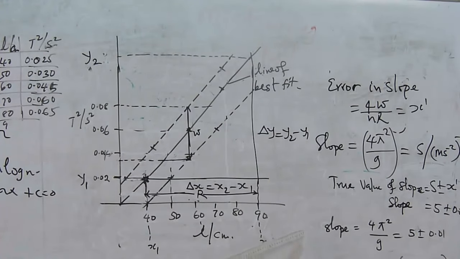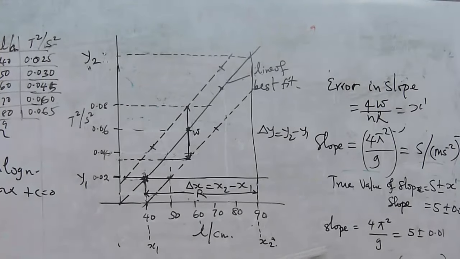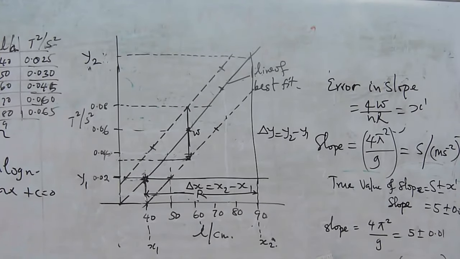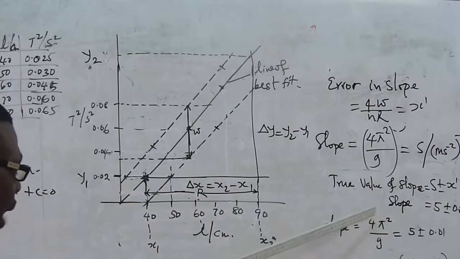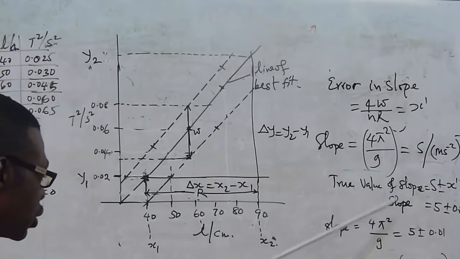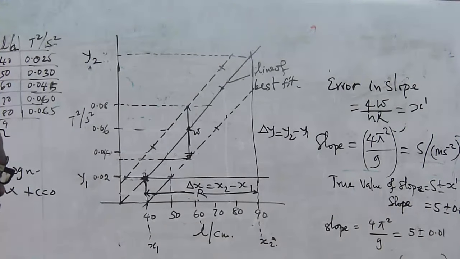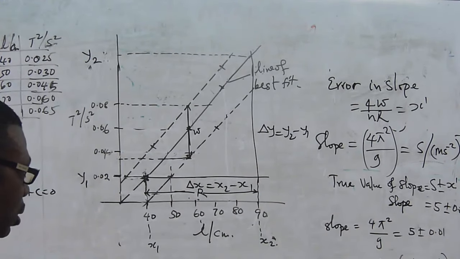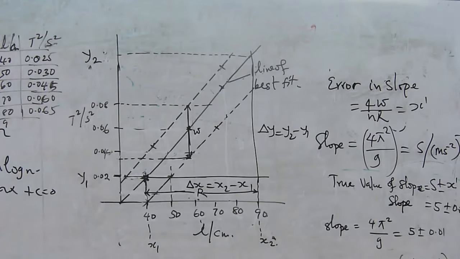Remember that my slope is not actually what I'm looking for. I'm using my slope to make a deduction. I want to deduce the value of g. So I must get my slope here. After getting the true value of slope, I can find g. So my g will be given from this. The true value of g ranges between these values.